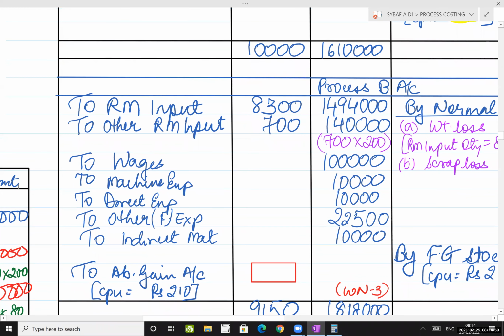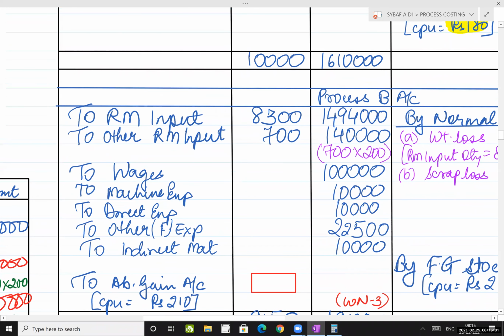Okay, so this is the debit side, from here till here. इसका टोटल भी करके रख देते हैं, काम आएगा फॉर द फॉर्मूला.